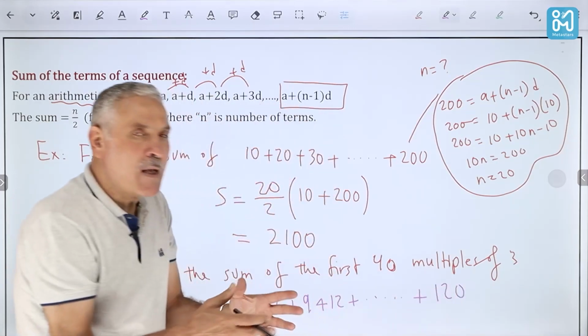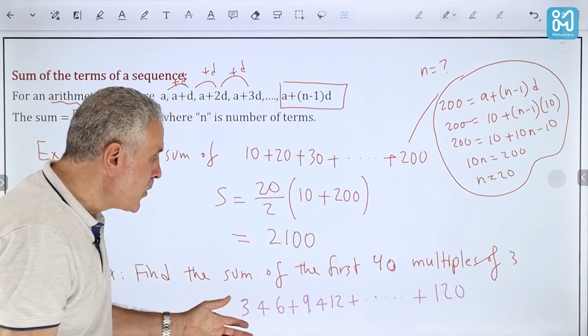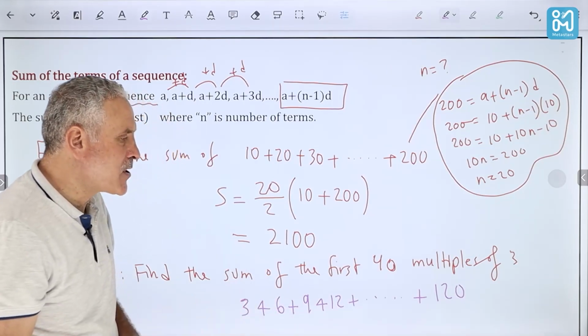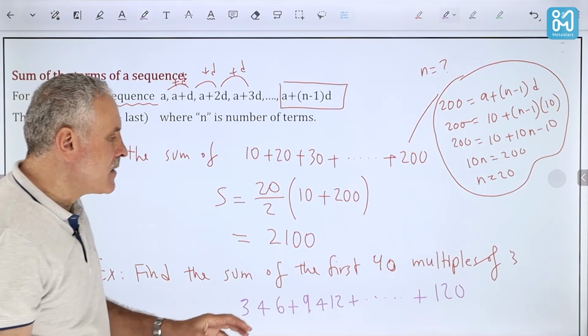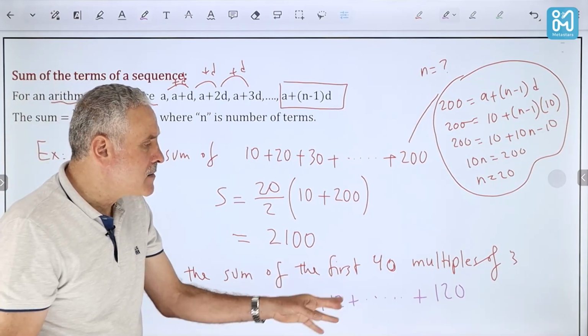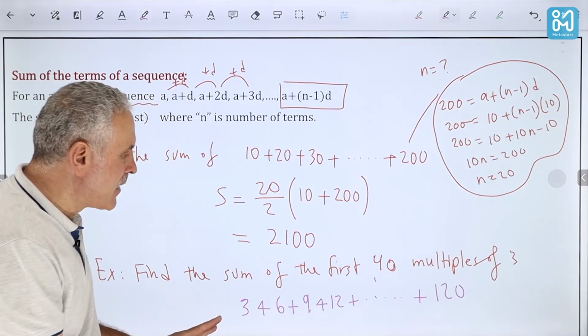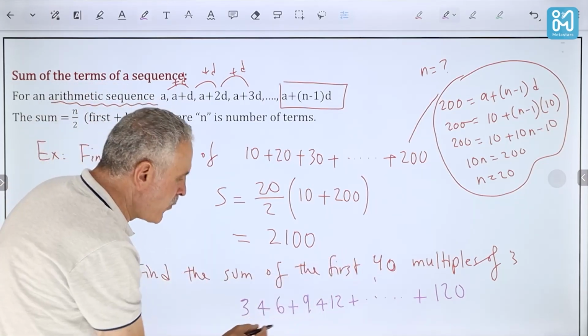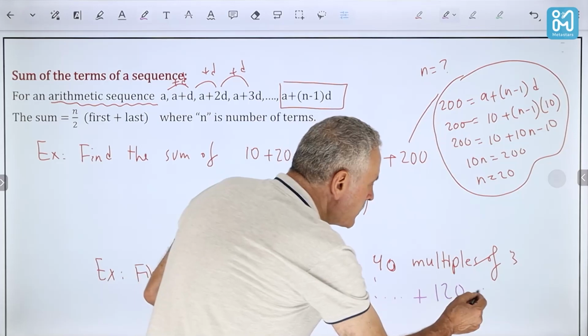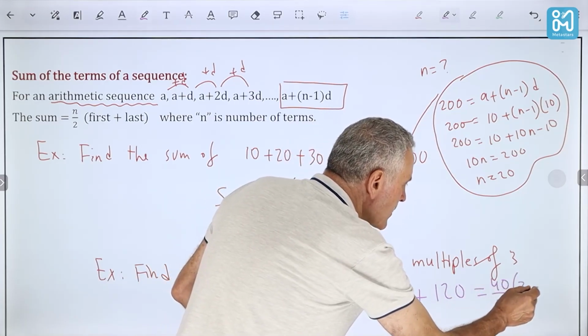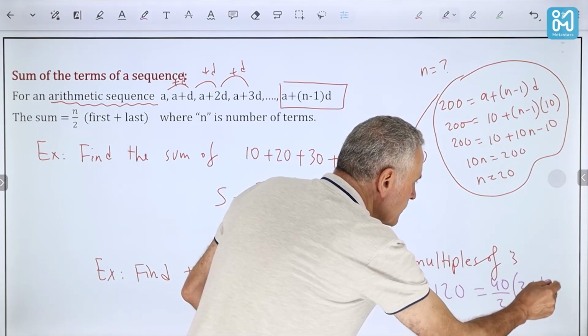That's one way, quick inspection. Or you could say this is arithmetic. 3n is the nth expression, so 3 times n would give you any term. 3 times 40 is 120. So we need to find the sum of these values. Now how many values do we have? 40. So this is equal to 40 divided by 2 times the first plus the last.